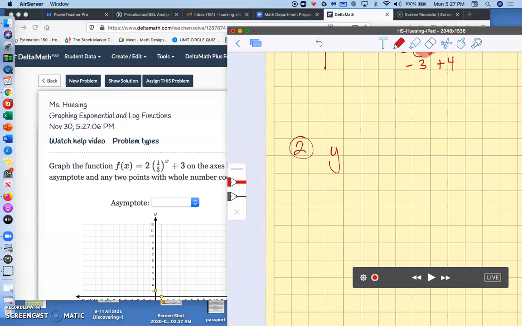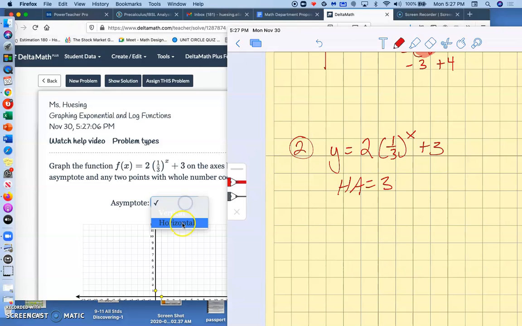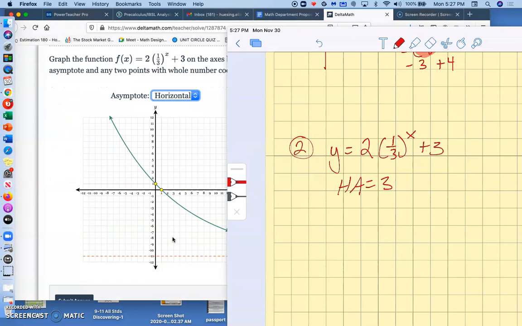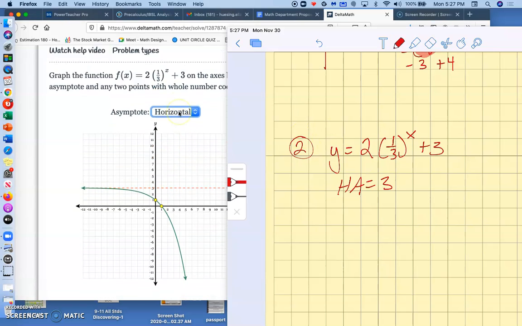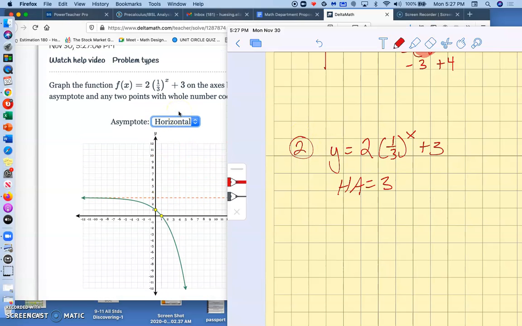We have y equals 2 times 1/3 to the x plus 3. So first of all, let's identify our horizontal asymptote is at 3. So we'll go here, find that dashed line and bring it up to 3. And we know that this is a decay function because of that 1/3.